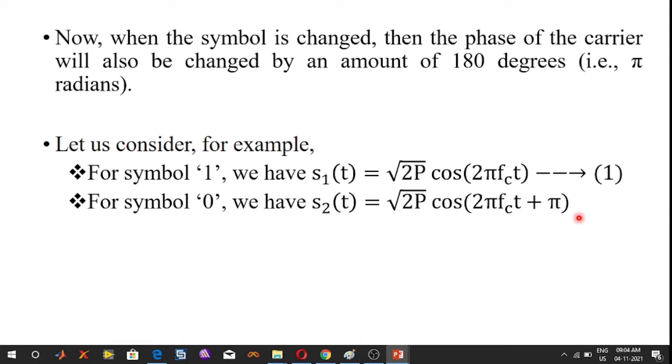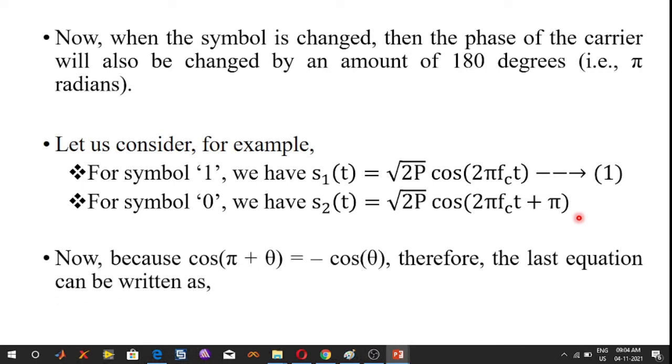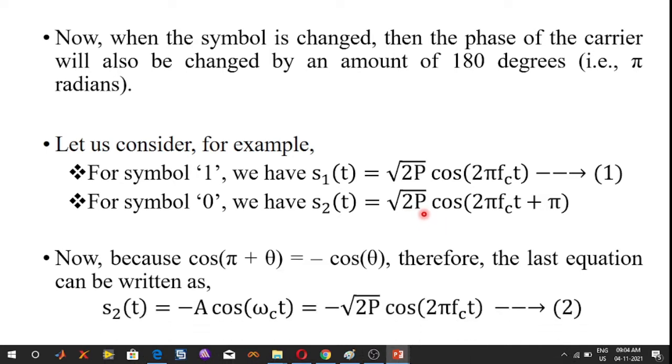But we know that cos(π + θ) = −cos θ. Applying this condition to the equation, we get s2(t) = −square root of 2P cos(2πfct).